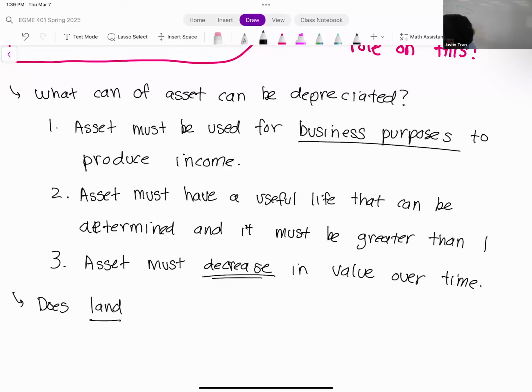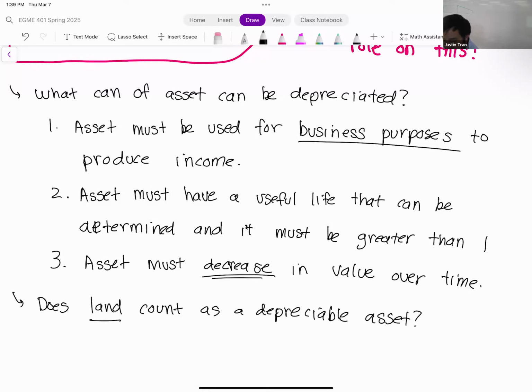The question I want you to think about is, does land count as a depreciable asset? Think about the three criteria that we just talked about, and think about if land counts as that.